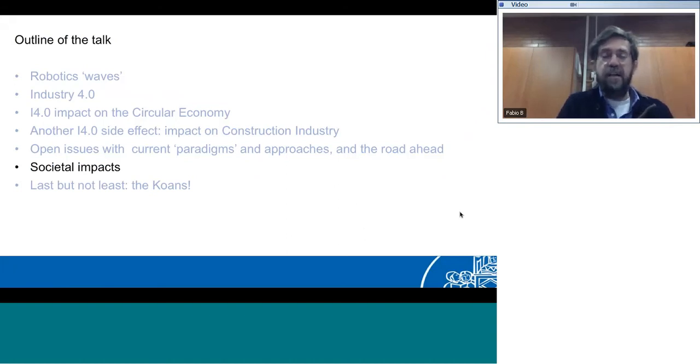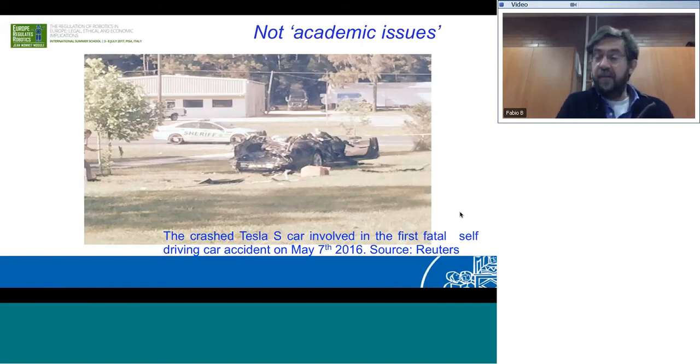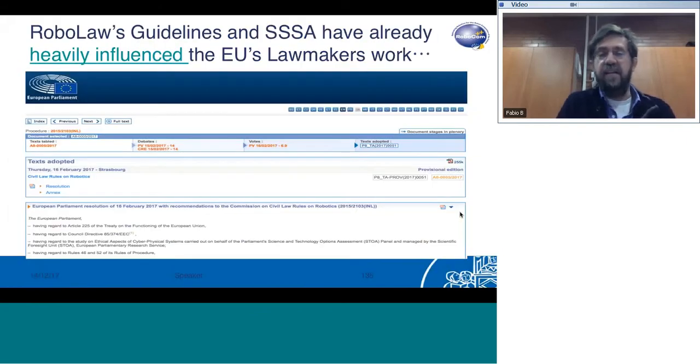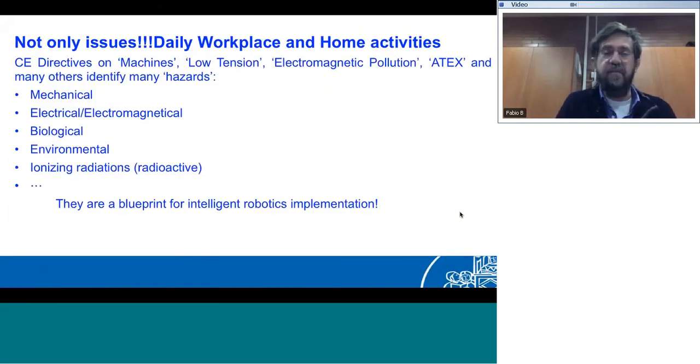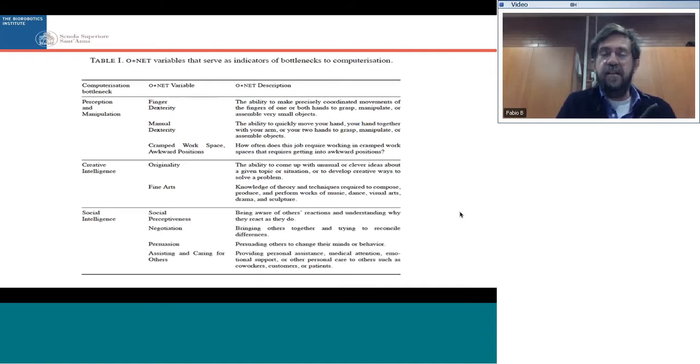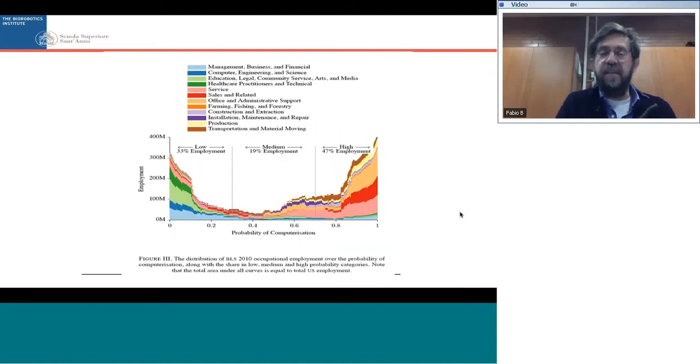Now, I just go really to the end. So we have many effects on society. I'm sorry if I go fast, but people fear the impact on employment. This is a study from 2014.